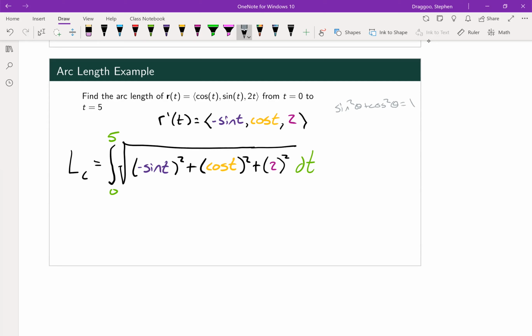We'll have sine squared plus cosine squared, so that part will be just 1, meaning that we're looking at the integral from 0 to 5 of the square root of 1 plus 4, where 1 is coming from those two pieces added up. Still dt. Now our function doesn't depend on t at all, it's just the square root of 5. So if we integrate that thing from 0 to 5, we should get 5 times the square root of 5.